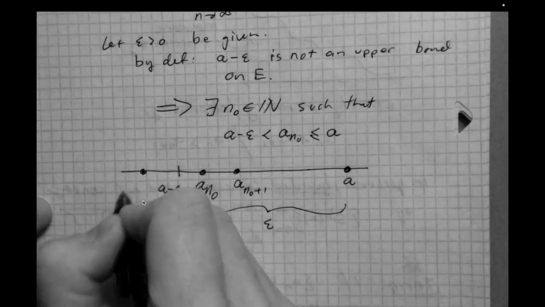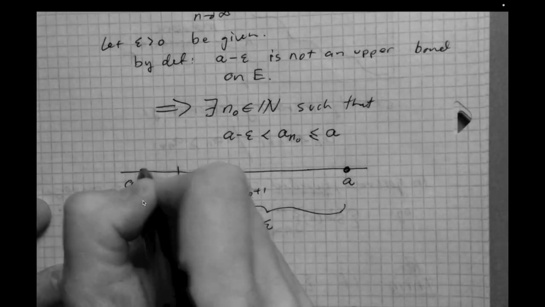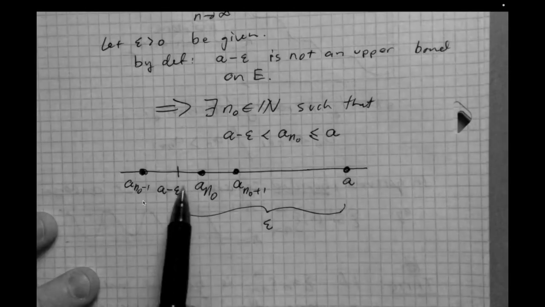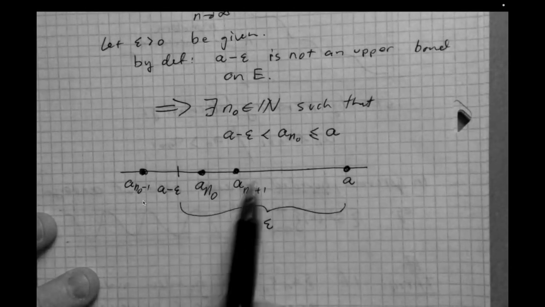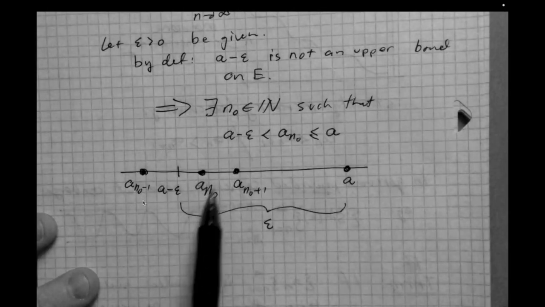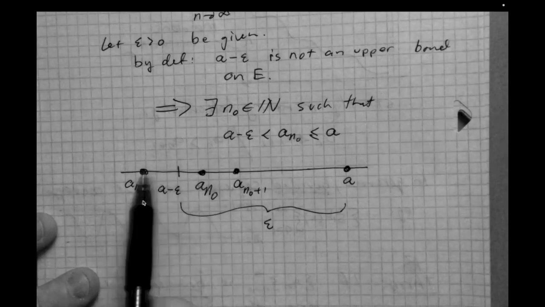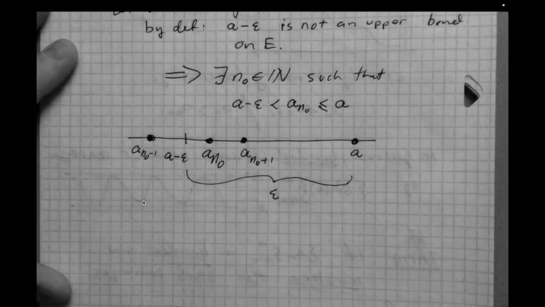Further below, maybe you'd have your a sub n naught minus 1. These are the terms in the sequence that I've drawn with the dots. All we've said is, give me an epsilon greater than 0, and once you give me that, I can find an n naught such that A minus epsilon is between successive terms of the sequence. So that's the idea so far.